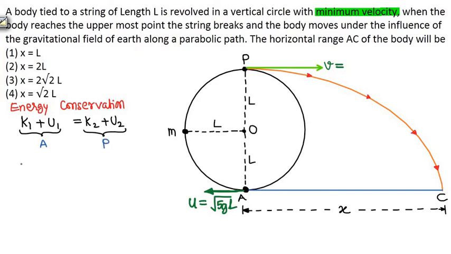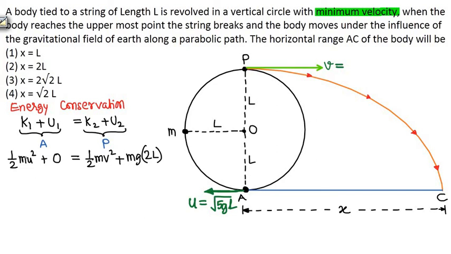Putting the values, at the point A the kinetic energy is half m u square. Potential energy can be taken as 0. Kinetic energy at the topmost point P is half m v square, plus potential energy equal to mg into h, but the height is 2 times L from the lowest point.